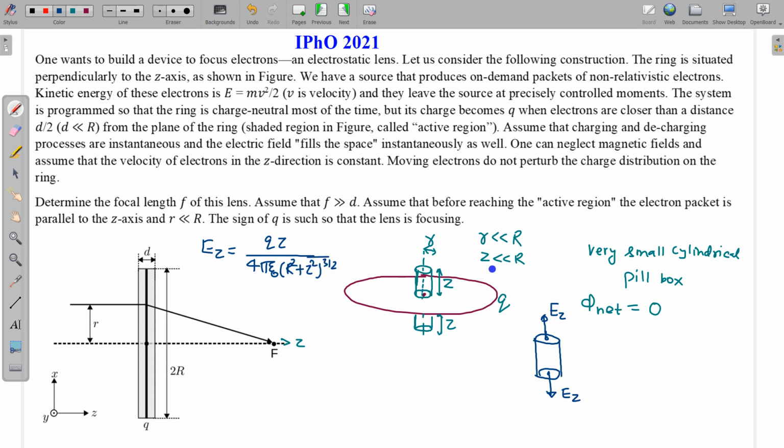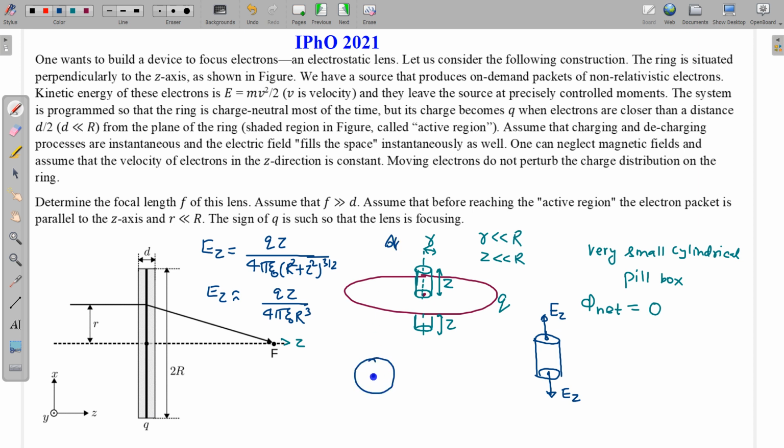Since I am taking z much less than capital R, Ez is approximately Qz divided by 4 pi epsilon naught R cube. And since the radius of this cylinder is very small, and we know that this expression of electric field is valid only on the axis, if I show this from the top, it will look like this.